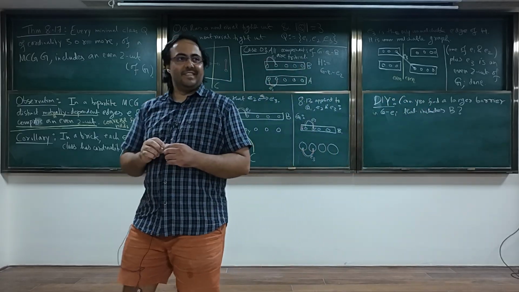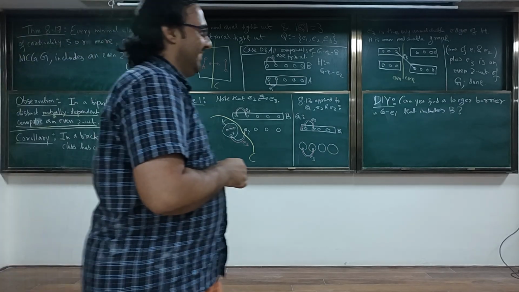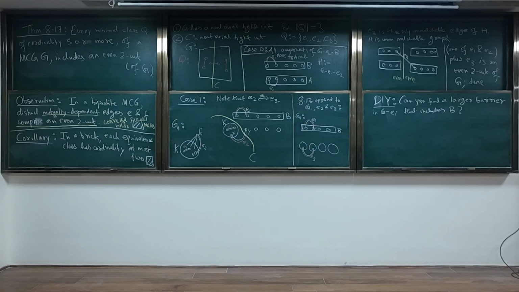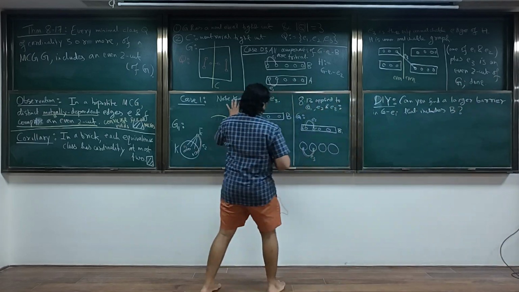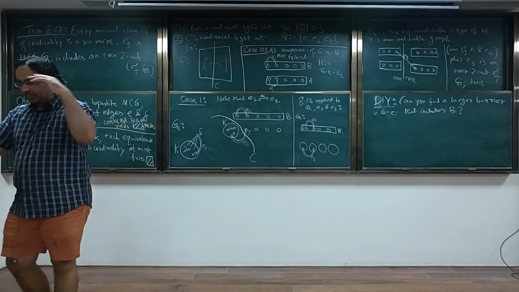That is open. Applying 8.13 to which edge is also open. Oh yeah, everything is open. Okay, see if you can think about this. Can you find some larger barrier in G minus one of these three edges, E1, E2 or E3? Pick your edge that works for you, and see if you can find a larger barrier, which means it is a proper superset of B. You want to use these drawings and maybe make more drawings.